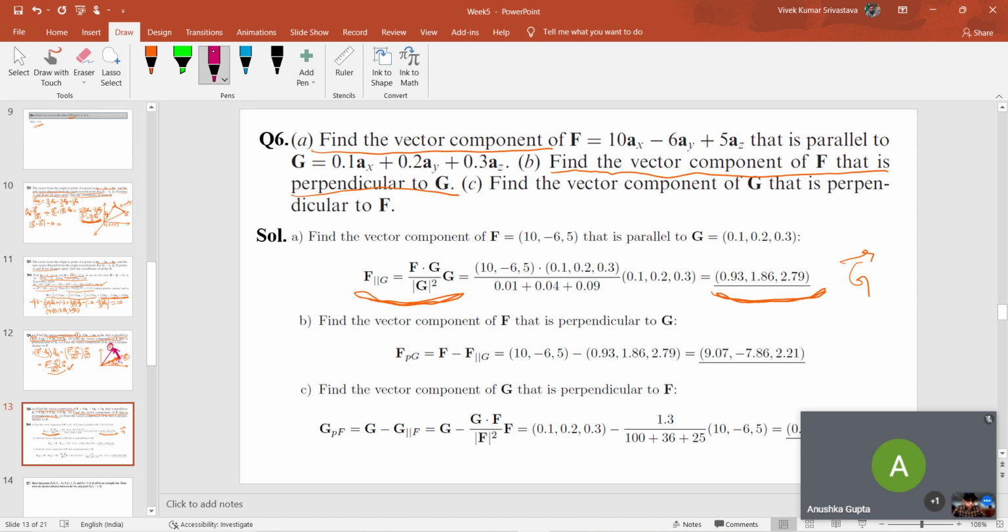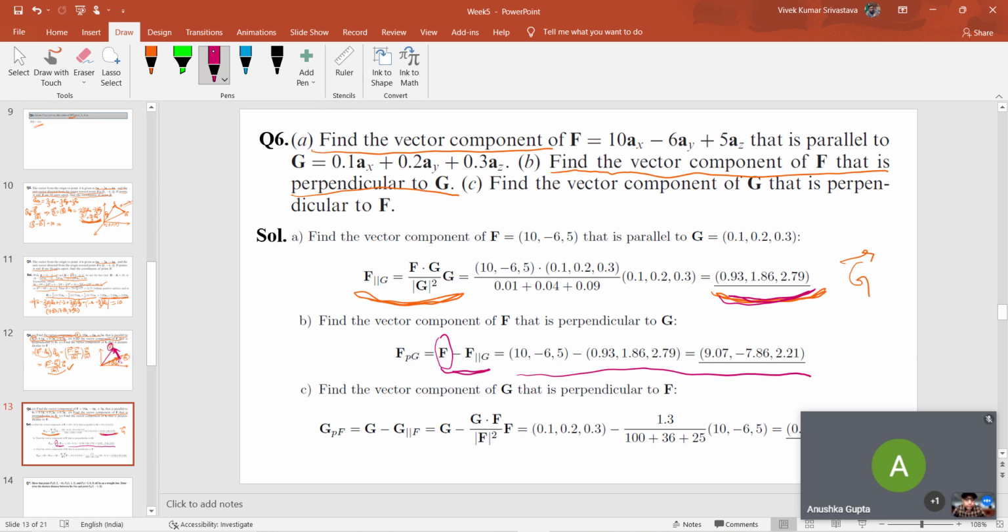Once you find out this parallel component, you simply subtract it from the vector f to get the orthogonal or perpendicular component. So that's how you can find out the parallel as well as perpendicular component of any vector along some other vector.